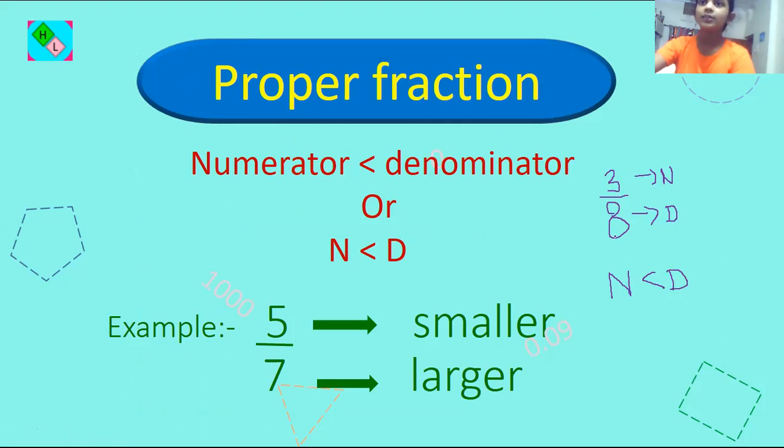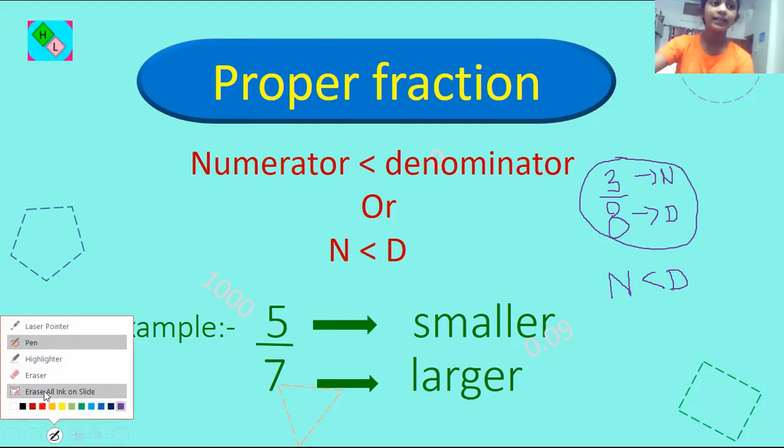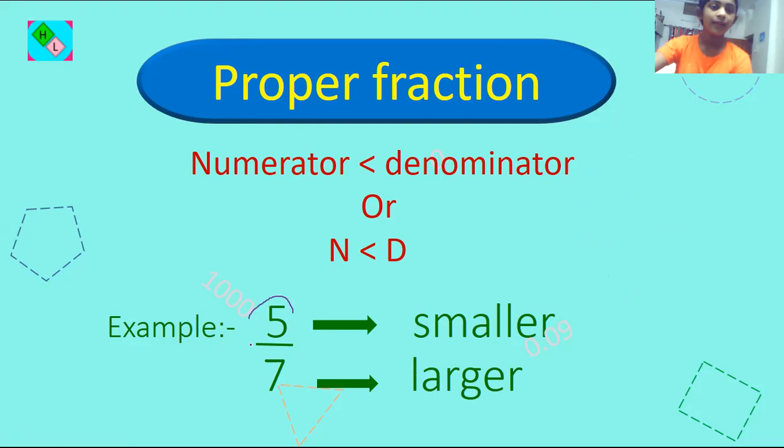So here 3 is smaller than 8. That means 3 by 8 is a proper fraction. Another example is 5 by 7. Here 5 is the numerator and it is smaller, and 7 is the denominator and it is bigger than 5.